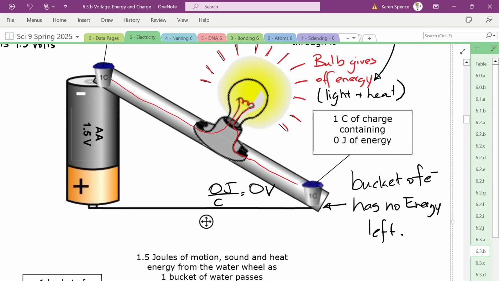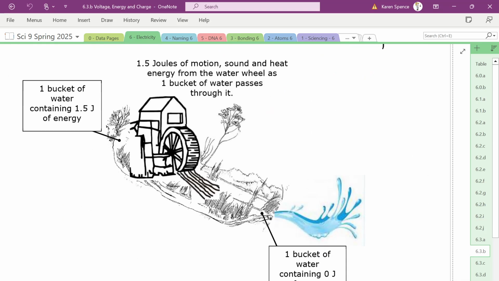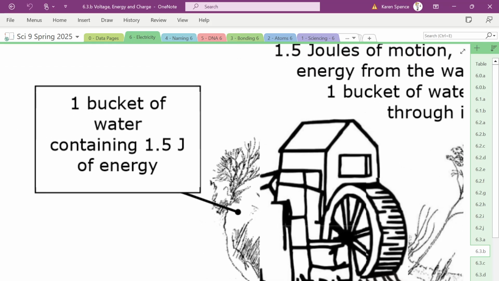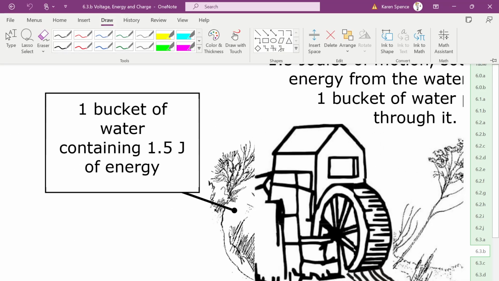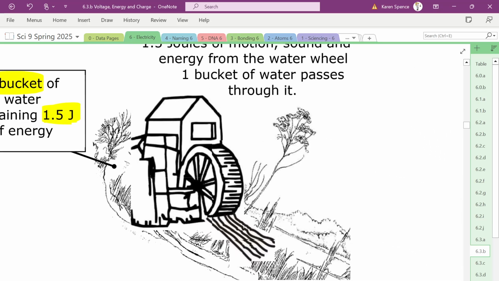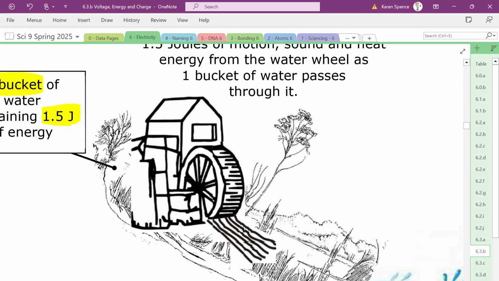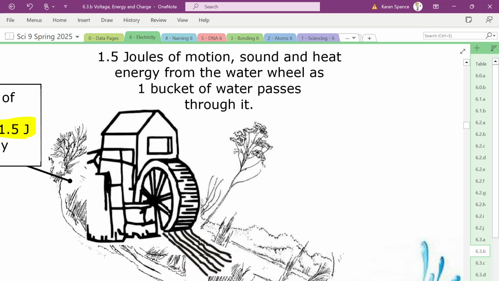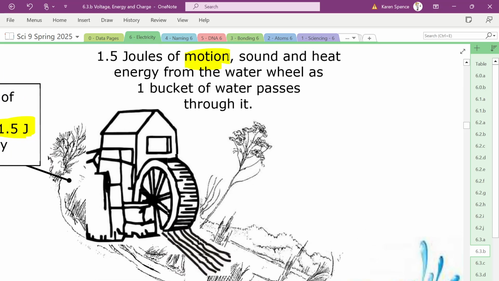Very similar to that would be a situation where we have a bucket of water, and it contains 1.5 joules of energy. As it passes through this water mill, it's going to make motion energy.